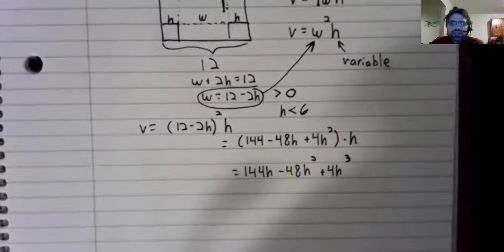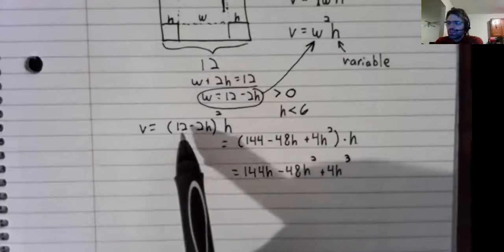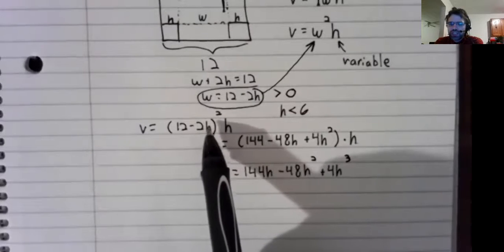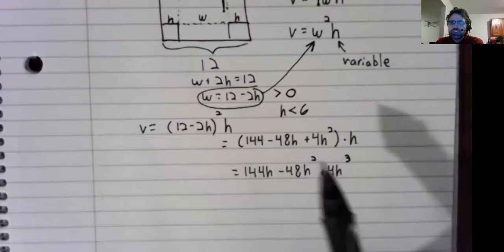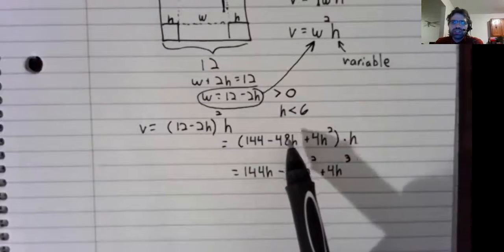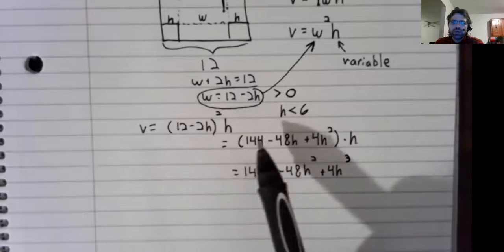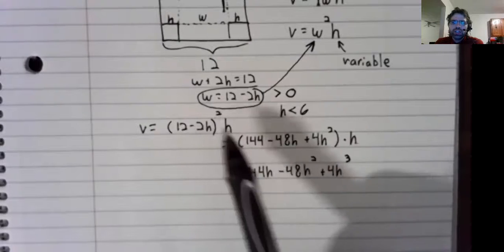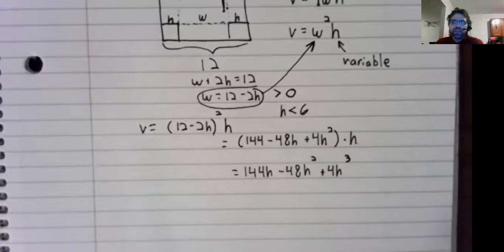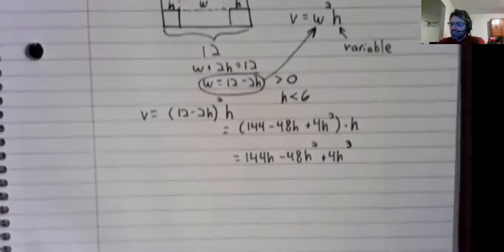Let's see, is this correct? 12 times 2 is negative 24h. It happens twice, so negative 48h. 12 squared, negative 2h squared. This looks correct to me.